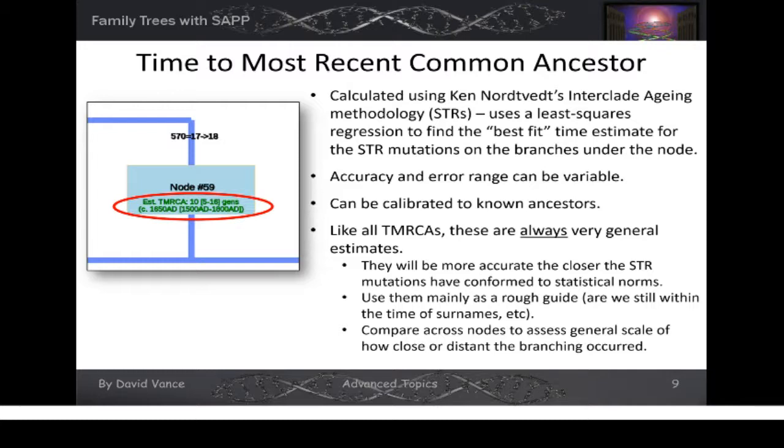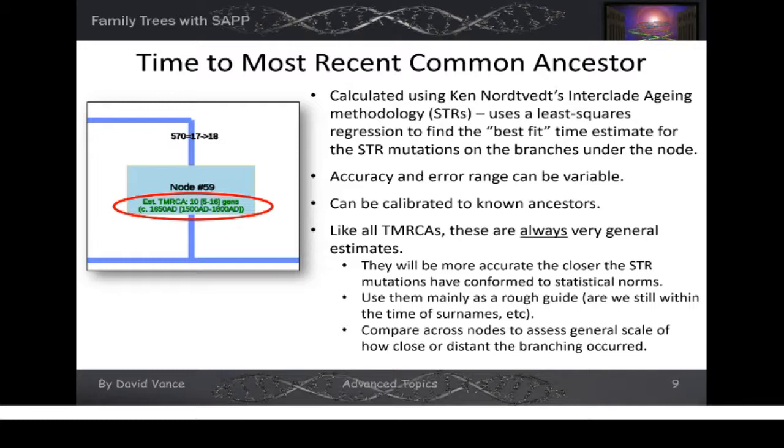In this case, you can, through the /calibrate option, which I'll talk about later, calibrate these to known ancestors. So if you know that all of the kits underneath a particular node do descend from a common ancestor of a certain age, then you can put that date into the tool and it will reflow some of the dates around it. We'll talk about all of that more in a minute.